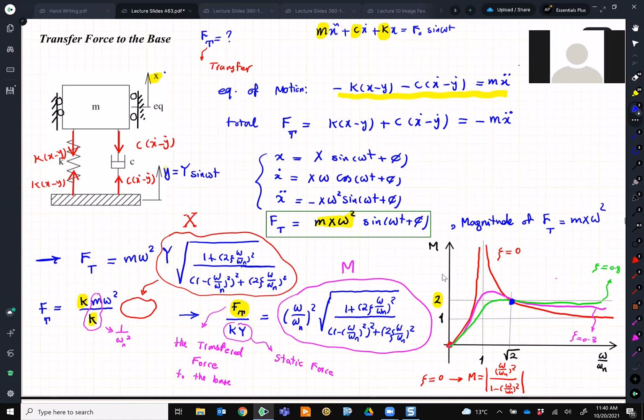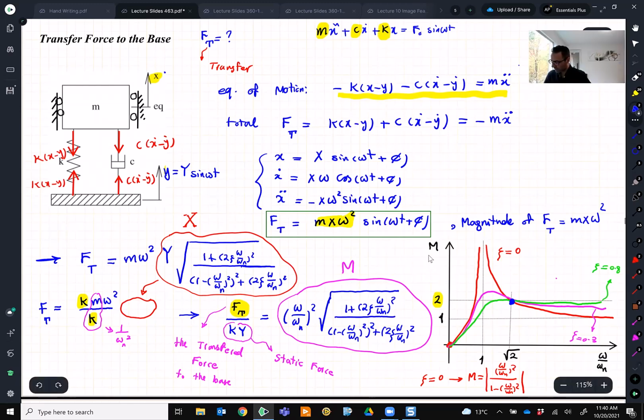So far, we have the magnification factor for the force. Again, I emphasize here, this is for force, and your formula is always the same. So this M, you don't need to derive it, it's the force.